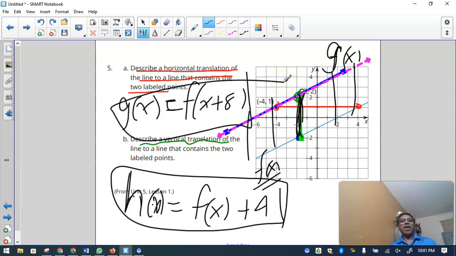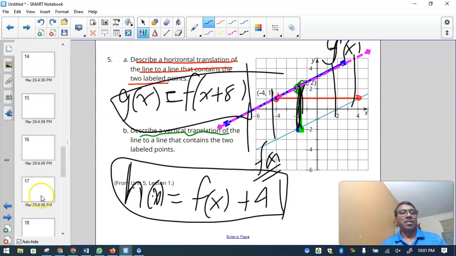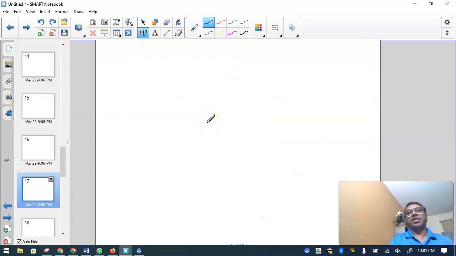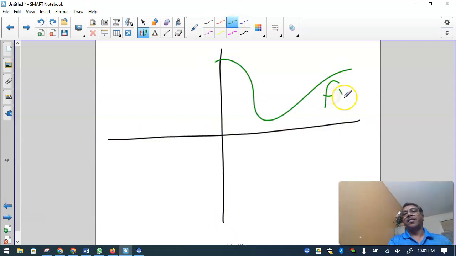Hope that helps. Make sure you write all the steps, and we'll go to the next lesson next time. Hope that I made sense to you. Take care, and just remember the bottom line of what we learned here. There is a graph like this, and this is f of x.